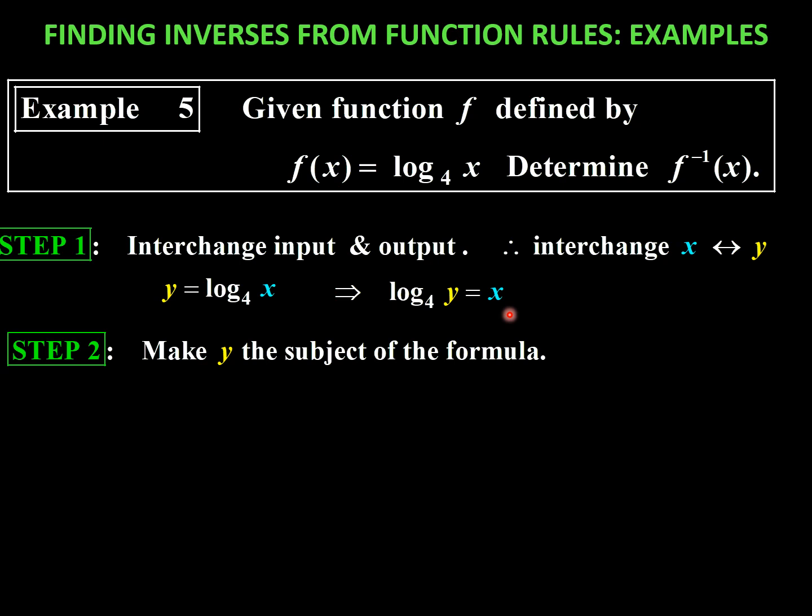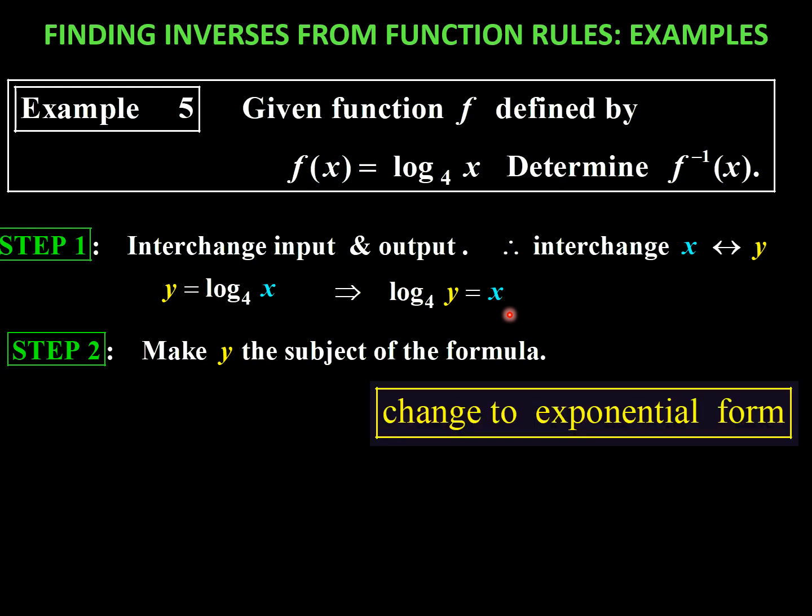Now we want to change the subject. To be able to change the subject here, because I have log form, we want to change it to exponential form. Let's just recopy that again: log base 4 of y equal to x. So I want to get rid of that log base 4. The inverse of a logarithm becomes exponent.